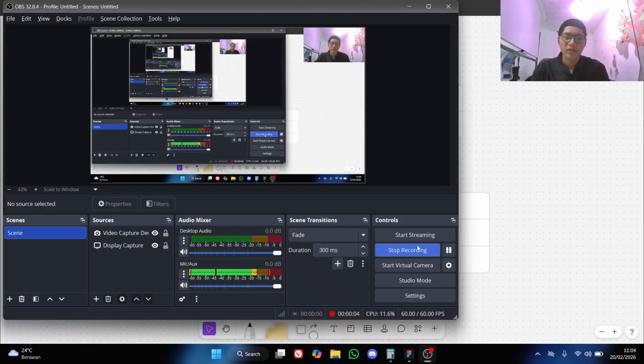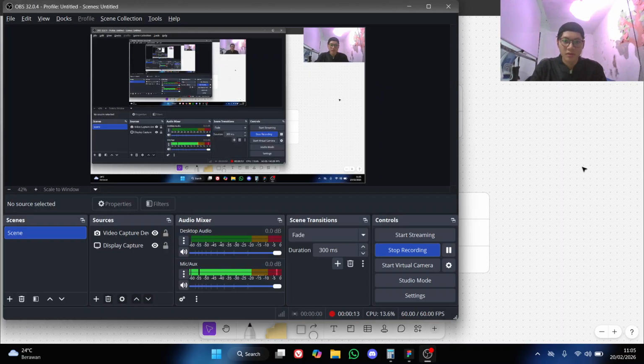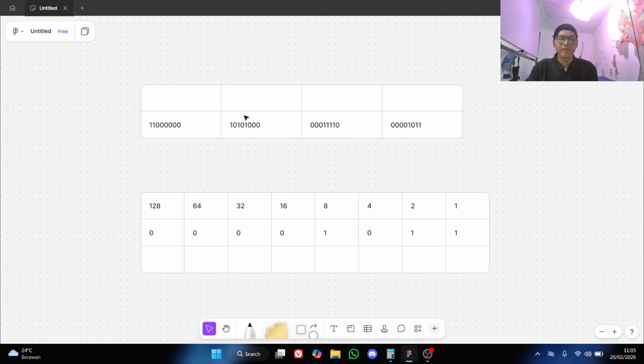Okay, so hello guys. On this occasion, I would like to give you a tutorial on how to convert binary to IP. Before I show how to make an IP to binary, now it's binary to IP. Here you can see we have the binary octet numbers, but we don't know what IP this is.